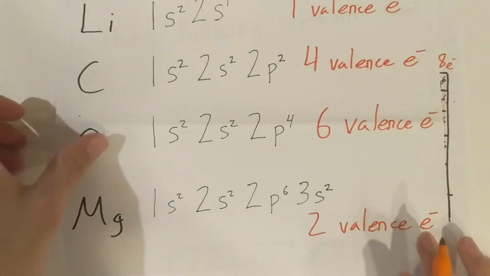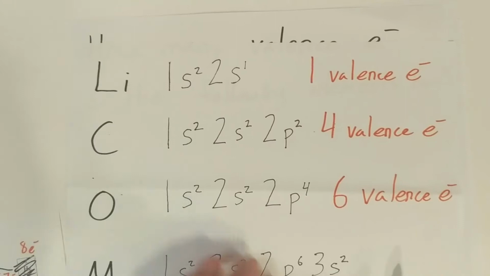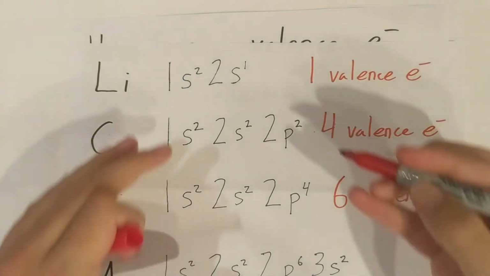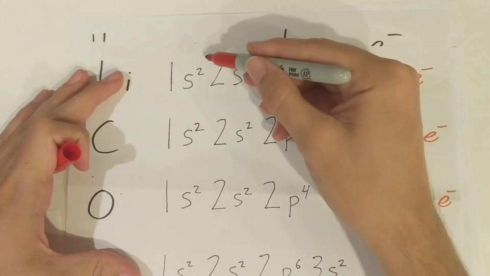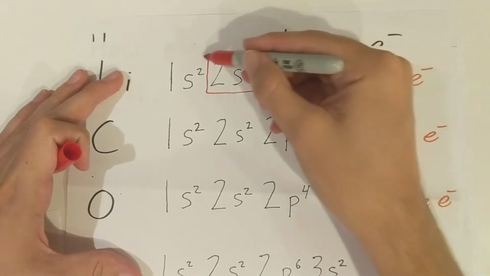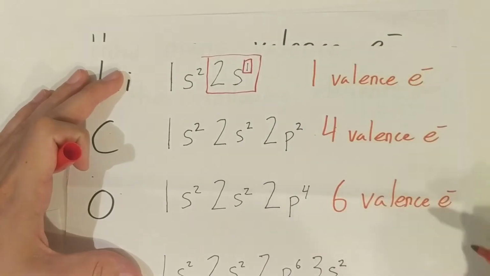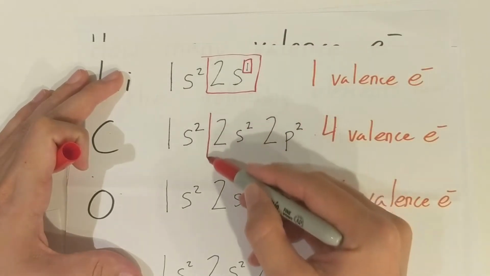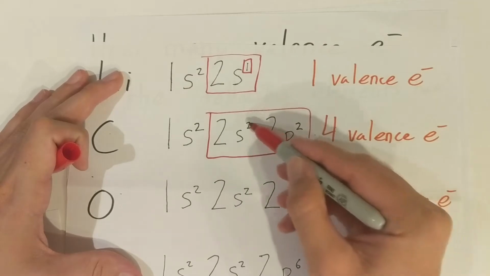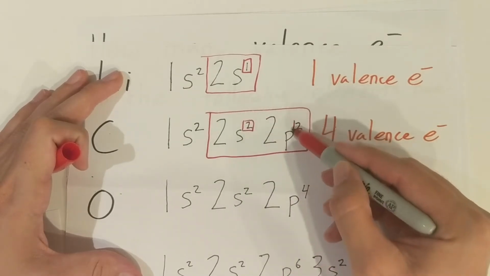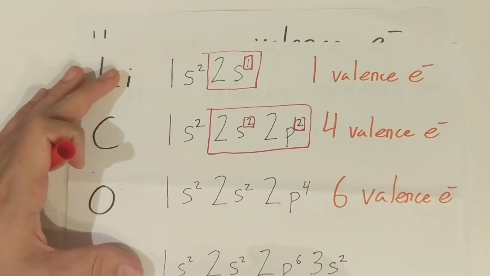One other thing I want to point out here, just by looking at our electron configurations, we can see valence electrons. If you look at our outer energy level for lithium, 2, 1 valence electron there. For carbon, we got 2 and 2, giving us 4 valence electrons.